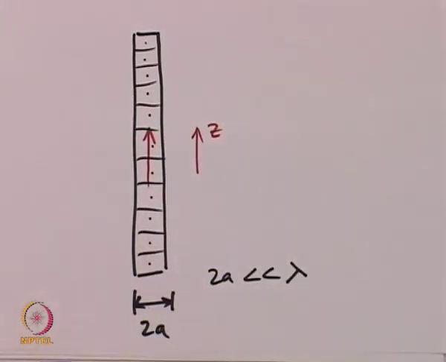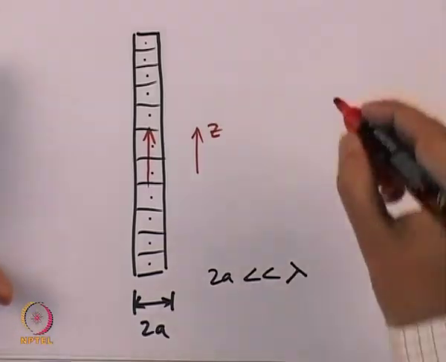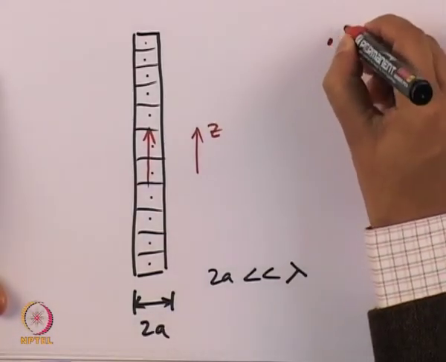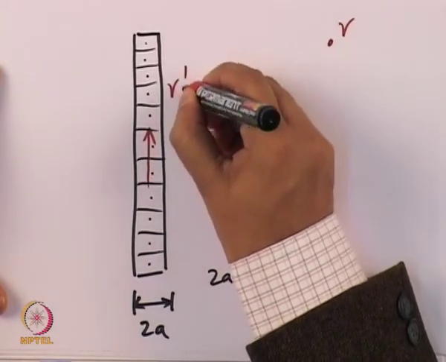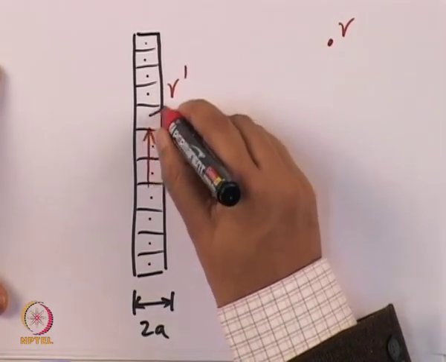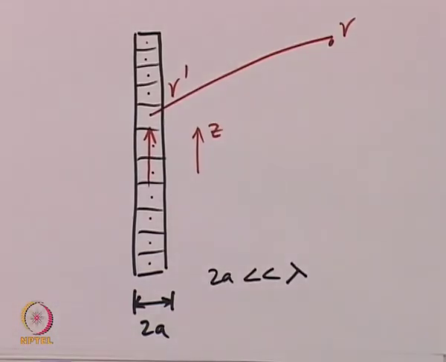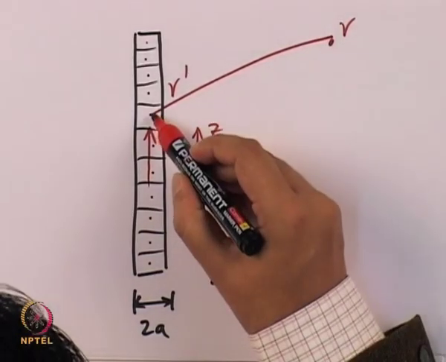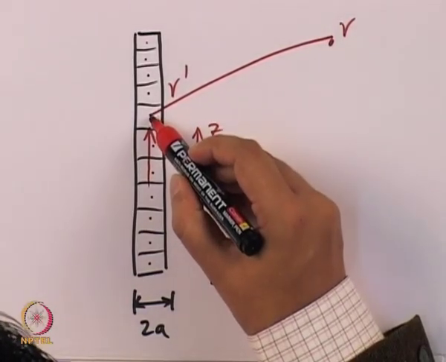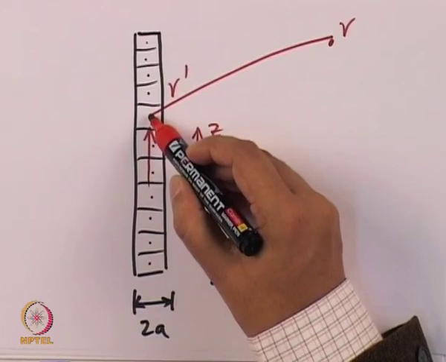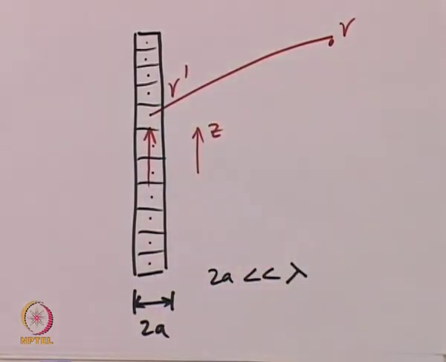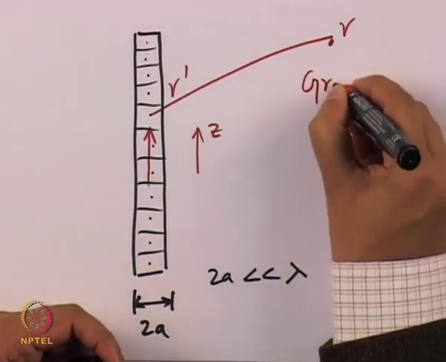So what we are interested in is finding the value of a field at a point, let us say r, due to the location of some charges at r prime. So in other words, what we are looking at is the response of a certain field due to the source at a certain location, which is represented using a function called the Green's function.